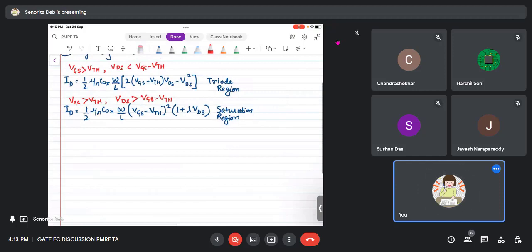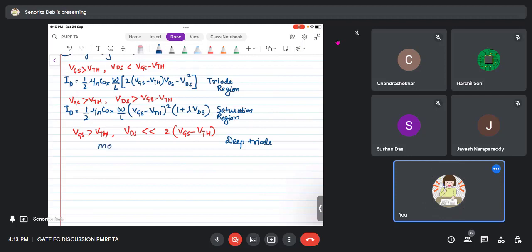Now there was one more region which was deep triode region, where VGS is greater than VTH, but VDS is very much less than twice of VGS minus VTH. Okay, this was in deep triode.